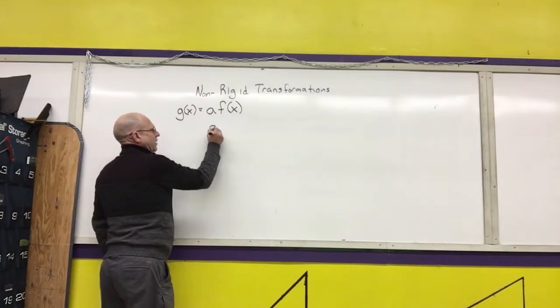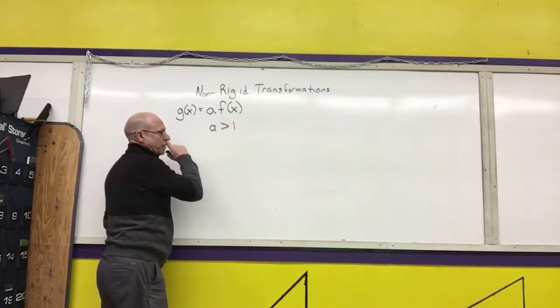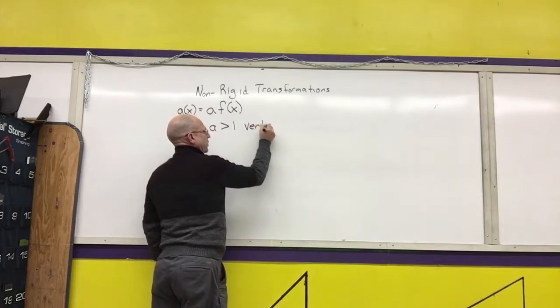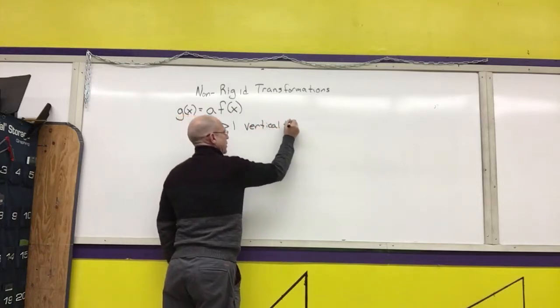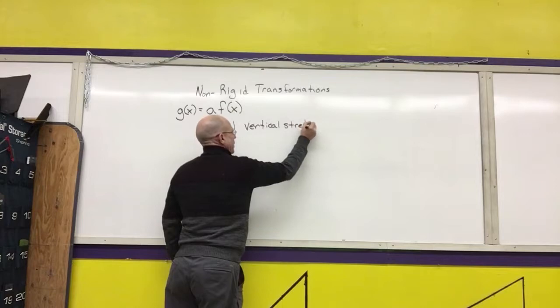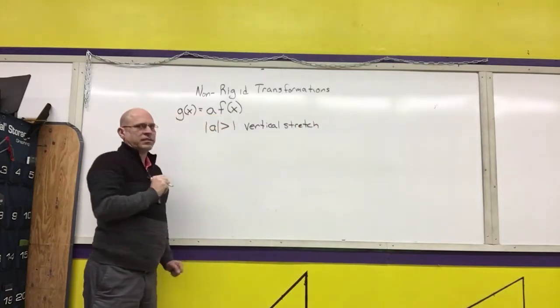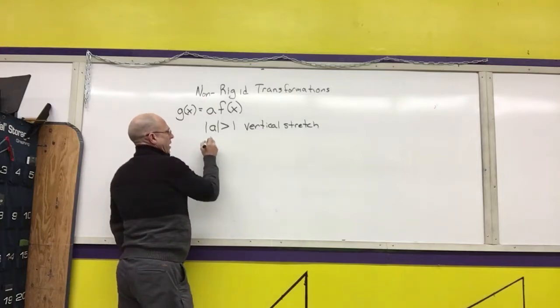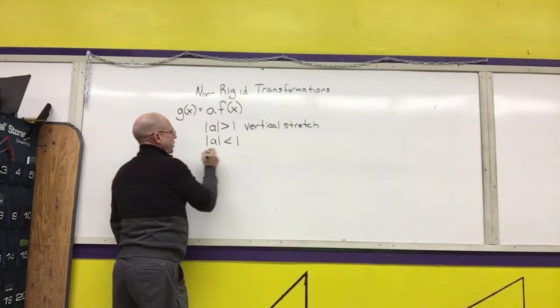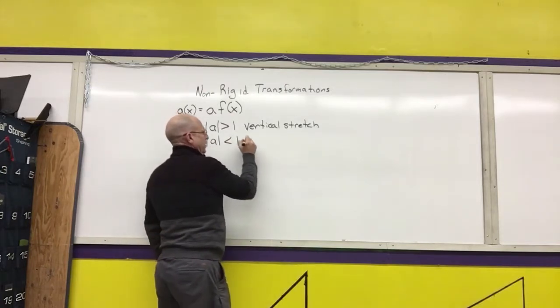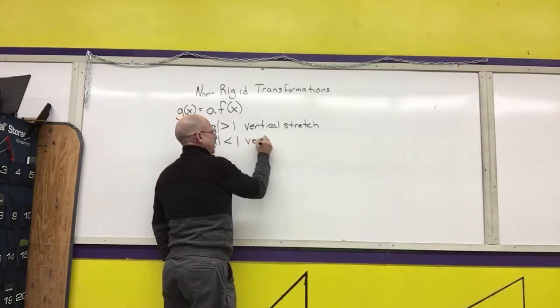If the absolute value of a is greater than 1, it is going to cause a vertical stretch. I'm actually going to put the absolute value of a, and we'll discuss that in a minute. And if the absolute value of a is less than 1, but greater than 0, we're going to call this a vertical compression.